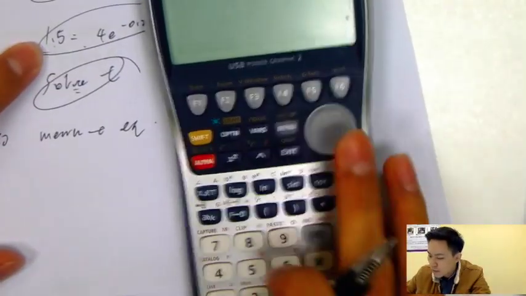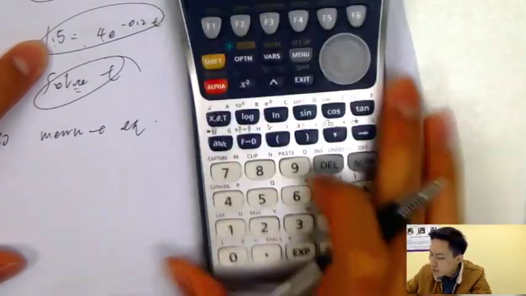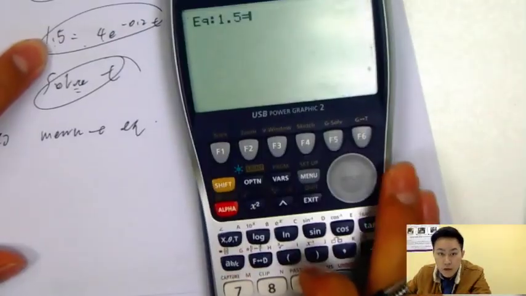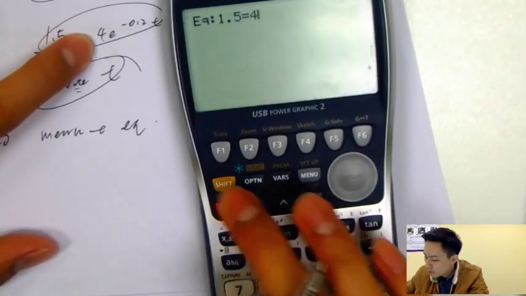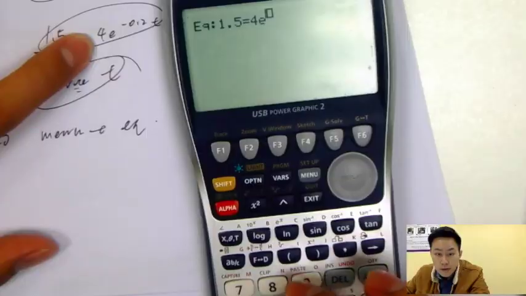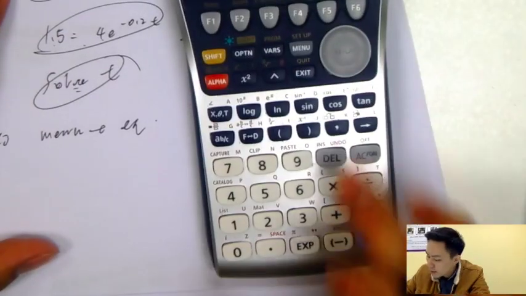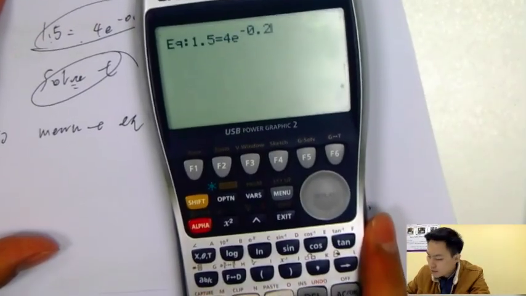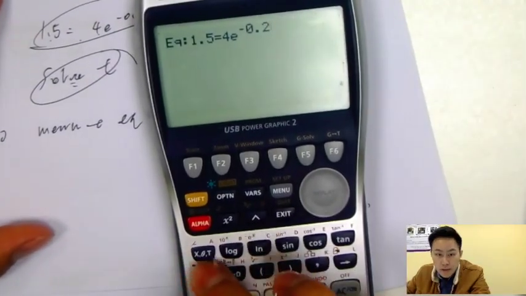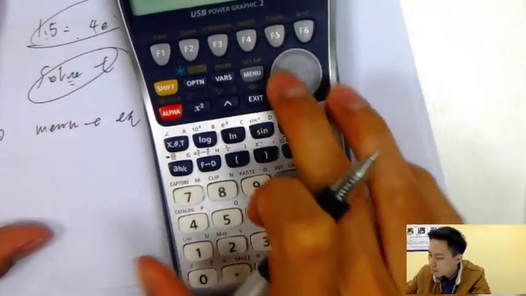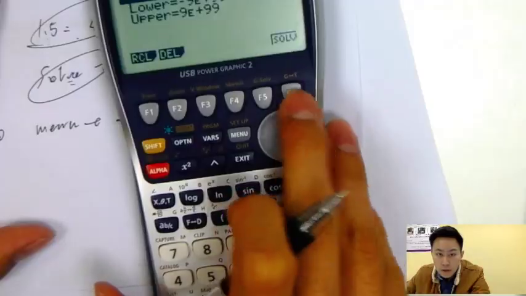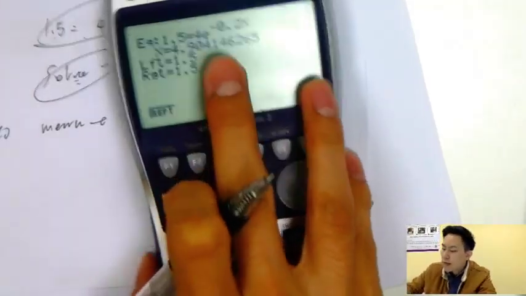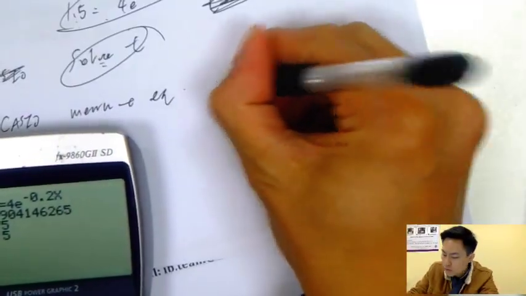Type in 1.5, equal sign (shift dot), and then 4, shift ln, then the negative button, 0.2, and then t. T is just x, so x is this button. Then press enter, and then press solve, and you get 4.9. So t is equal to 4.9.